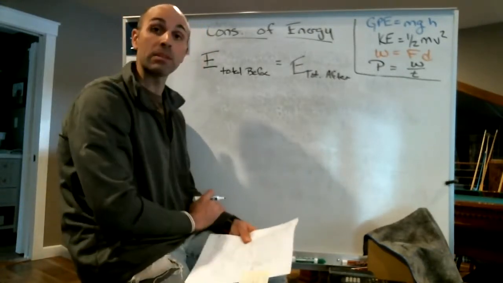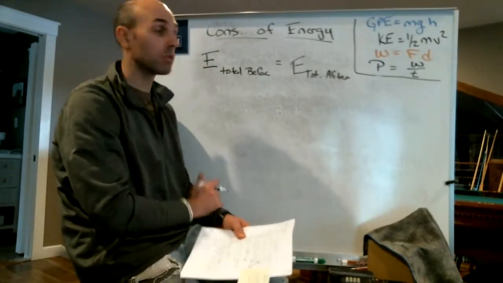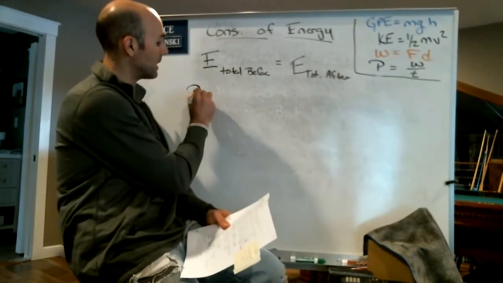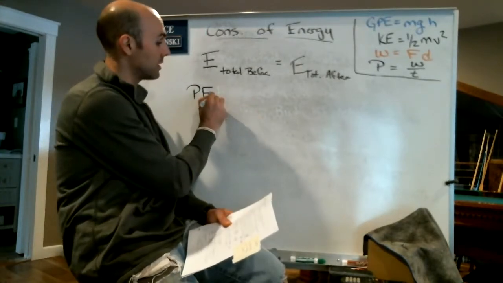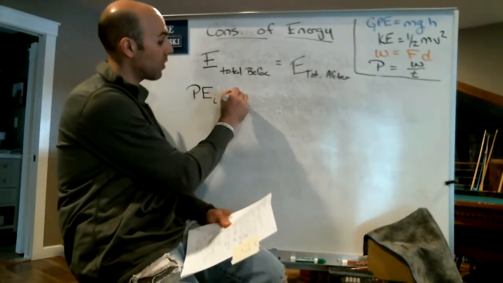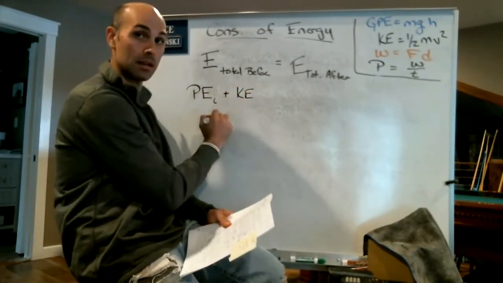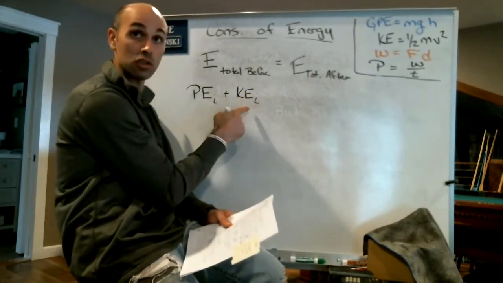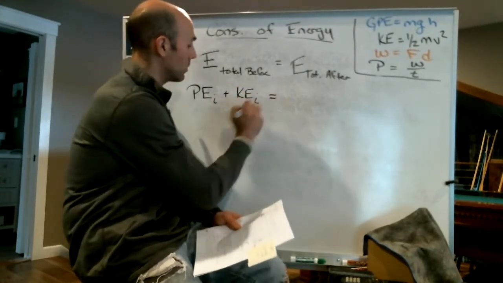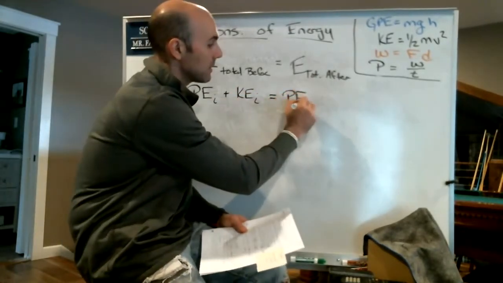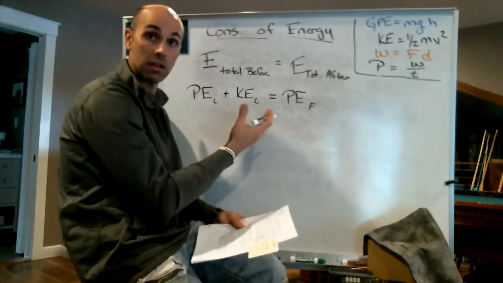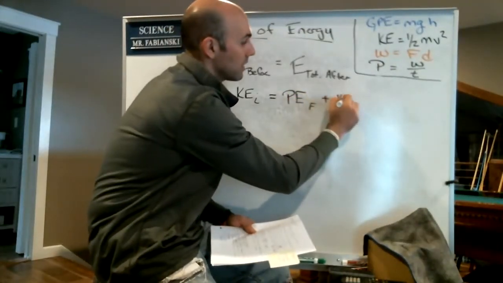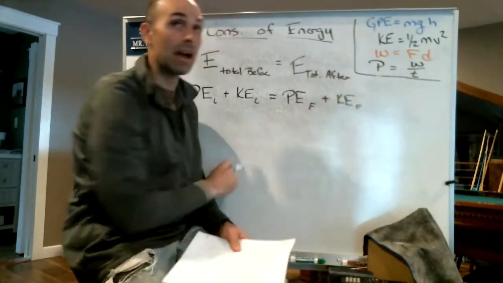We've talked about kinetic and potential. So those are the ones we're going to use. So all of the PE, potential energy, gravitational, initially, plus all the KE, kinetic, initially, equals all the PE final, at the end, plus all the KE final.